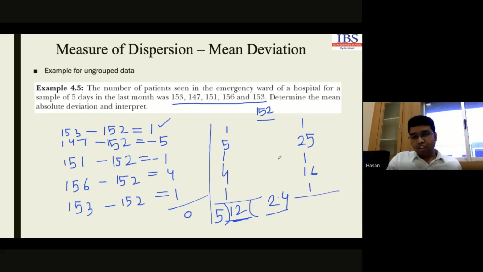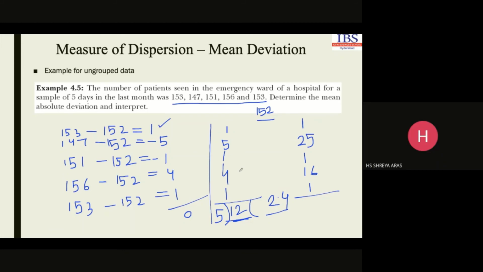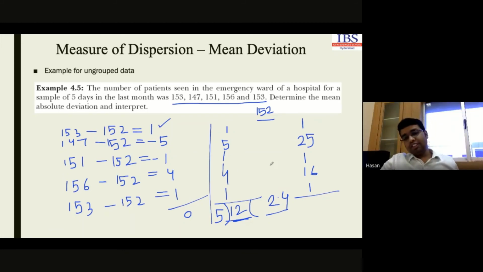In this way also we can eliminate the sign impact and make every entity positive, right? Are you listening to me? Yes, sir. Good. Now look, in the earlier case we just took the absolute value, that's why it is known as mean absolute deviation.